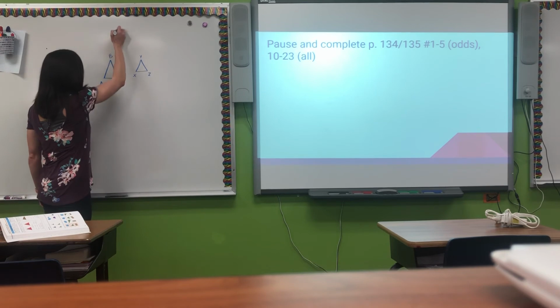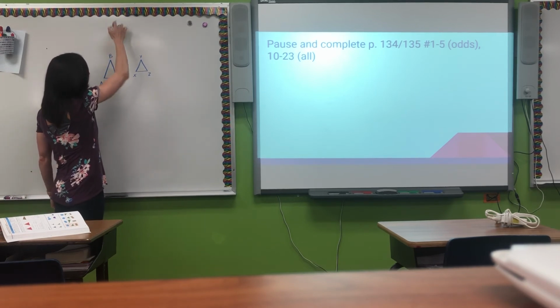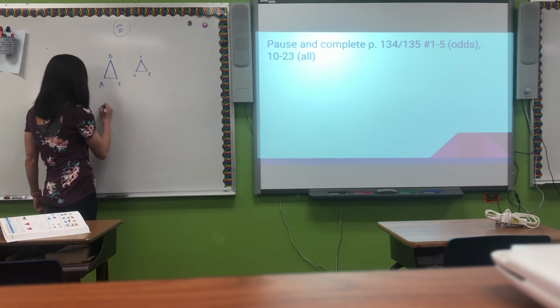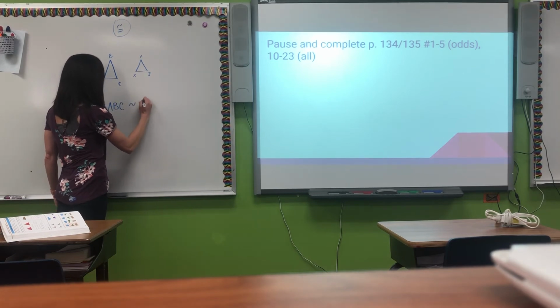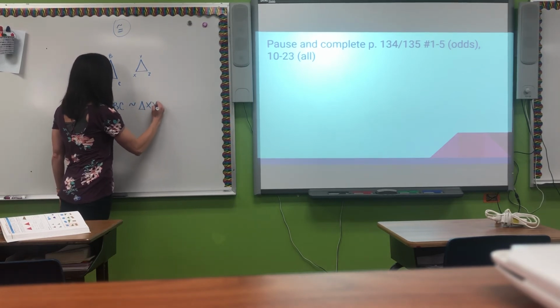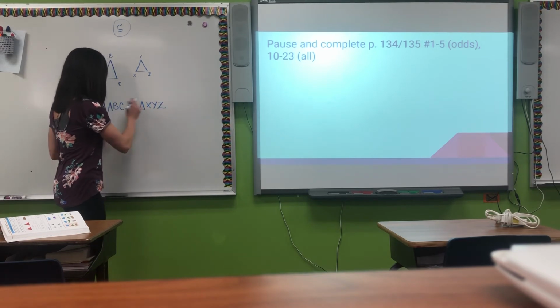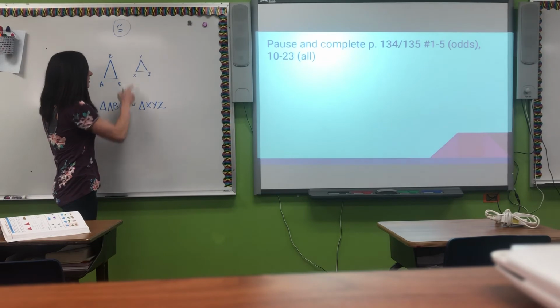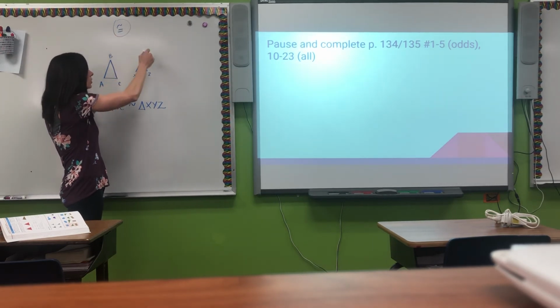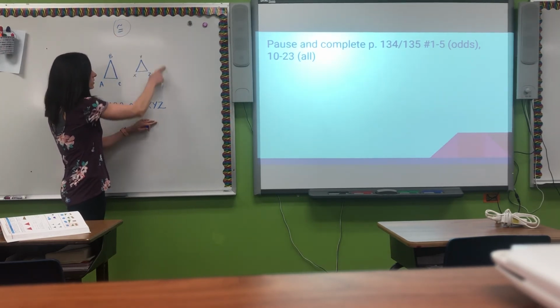these are not congruent, but if they were congruent, we would say triangle ABC is congruent to triangle XYZ. But since they're similar, we're going to say triangle ABC is similar to triangle XYZ. Okay, so you're naming this polygon, and then you're either saying similar or congruent using the symbol, and then this polygon.